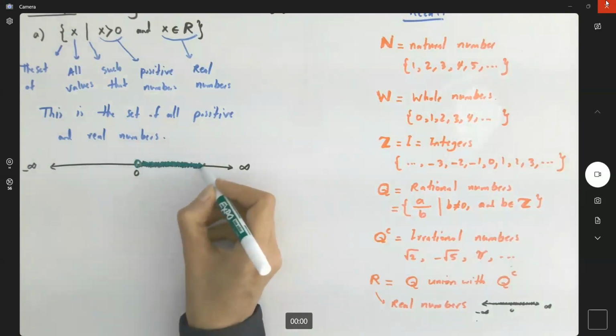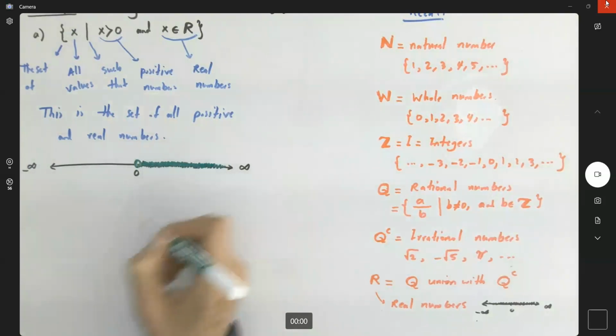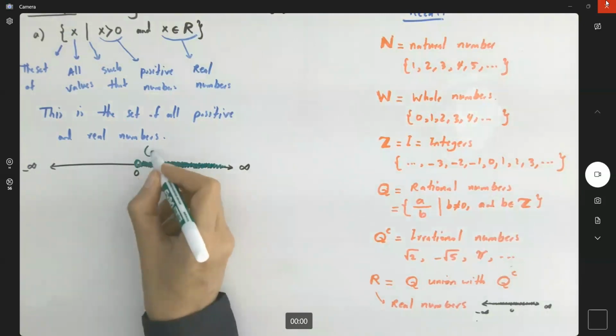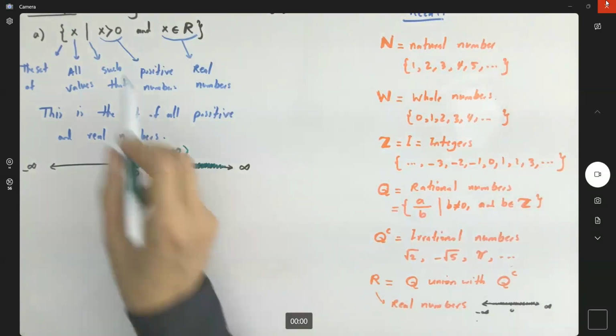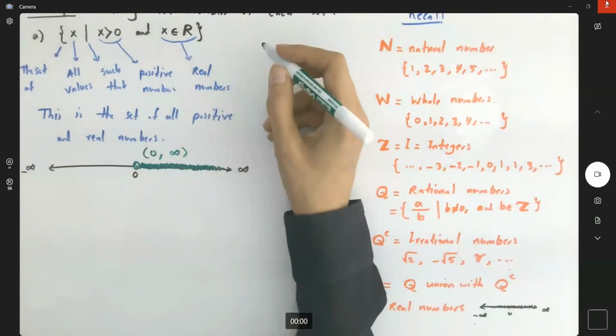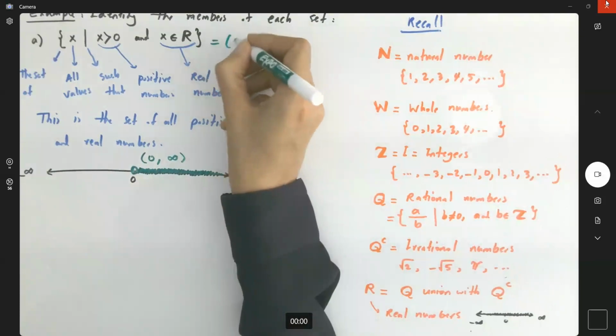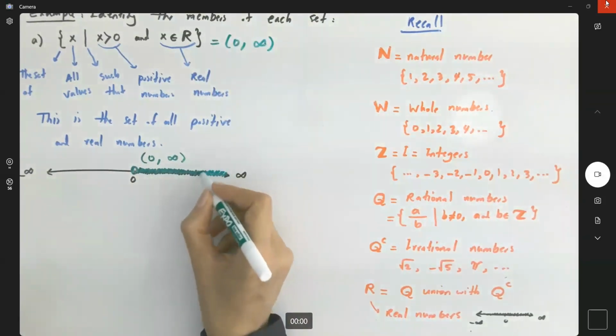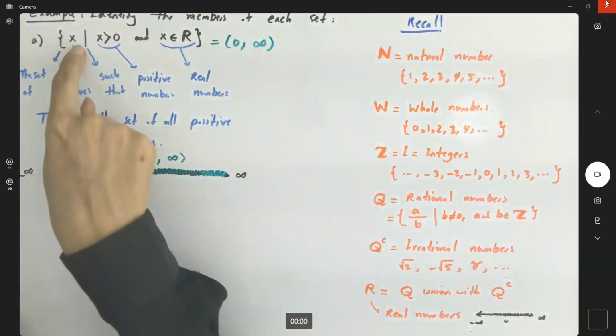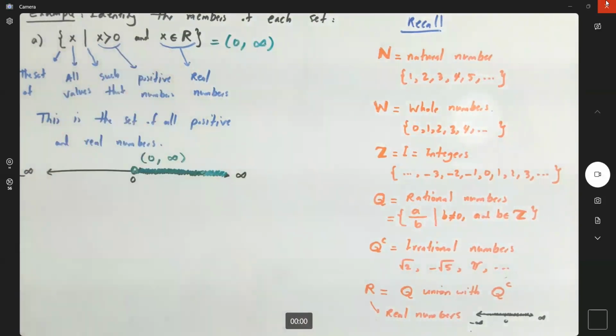Or as you remember, this is open interval 0 to positive infinity. This guy represents this set. Open interval 0 to positive infinity. All numbers that are positive and they are real values.